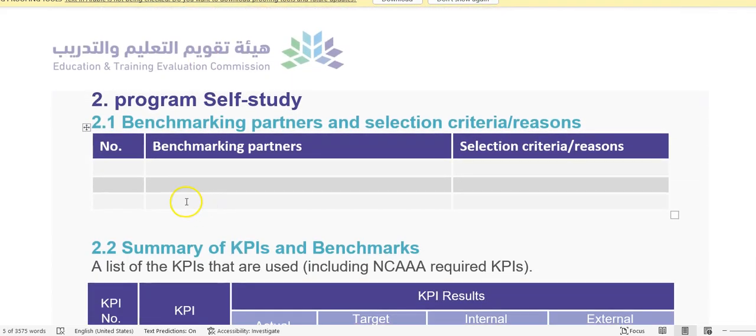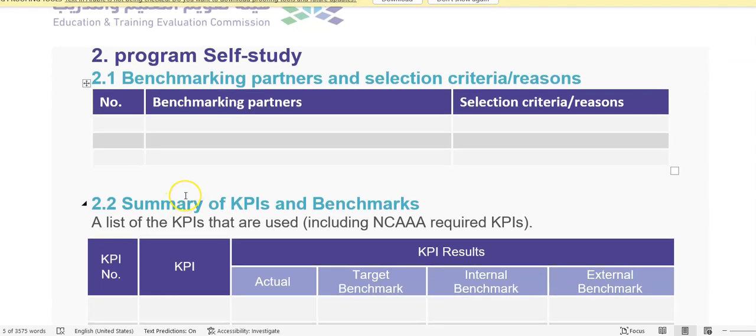Let's go now to the program self-study. Now, benchmarking partners and selection criteria and reasons.